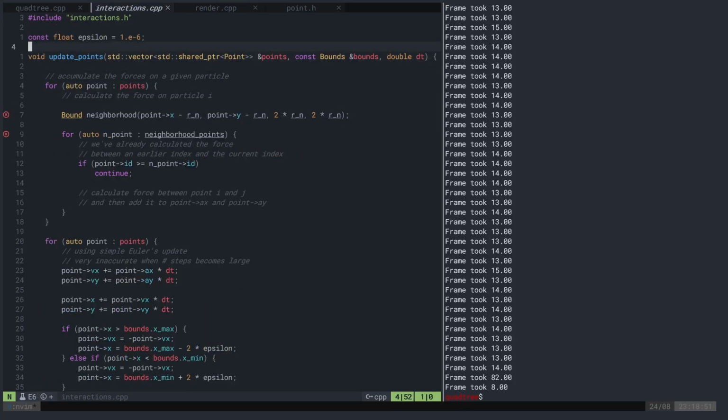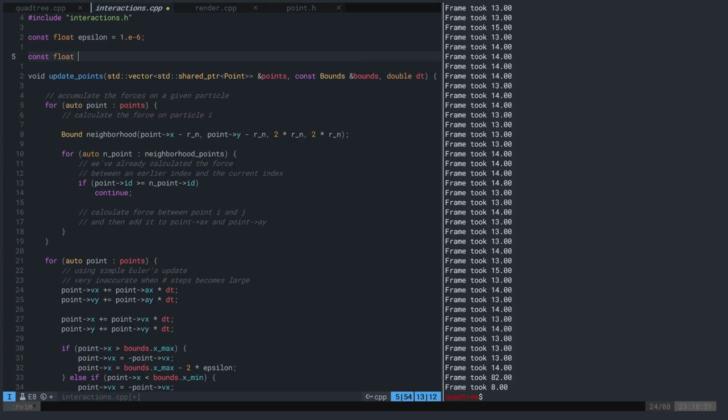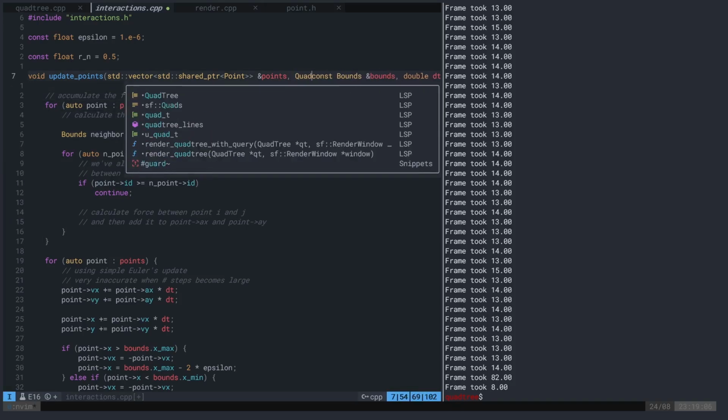Right now I'm just going to define that as a constant value, and then we can come back and revisit it when we have actually set the scale of our simulation accurately. So let's just set this to be maybe 0.5, right? Like so. This is supposed to be bounds, like so. And now we need to pass in our QuadTree, actually, because we need to use our QuadTree to fetch.